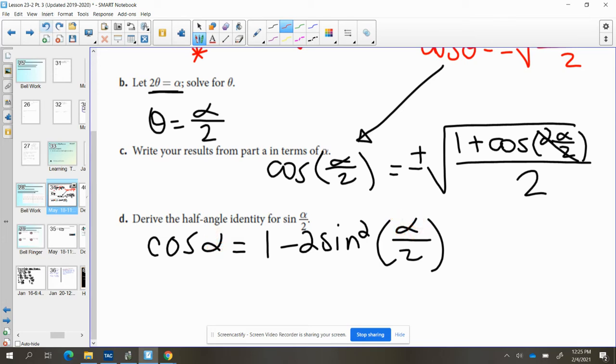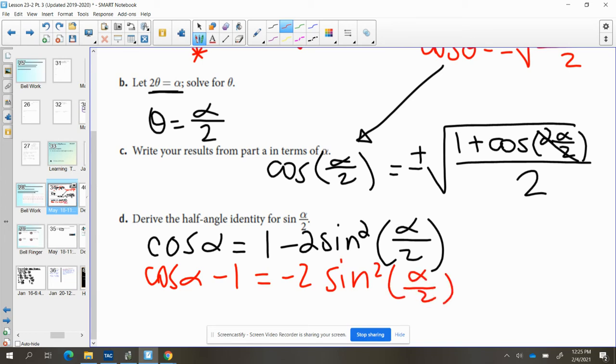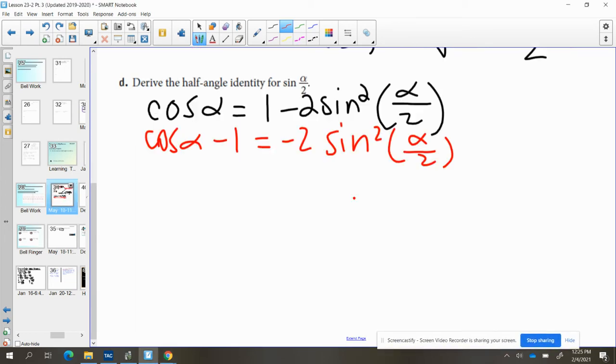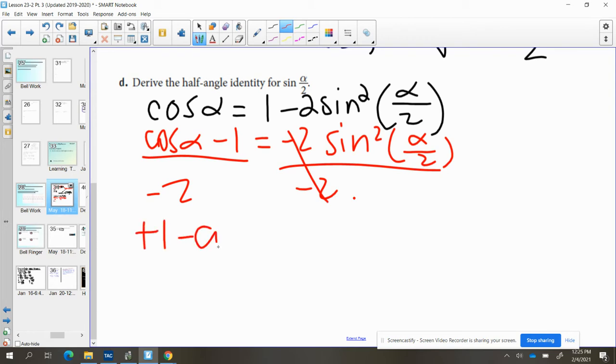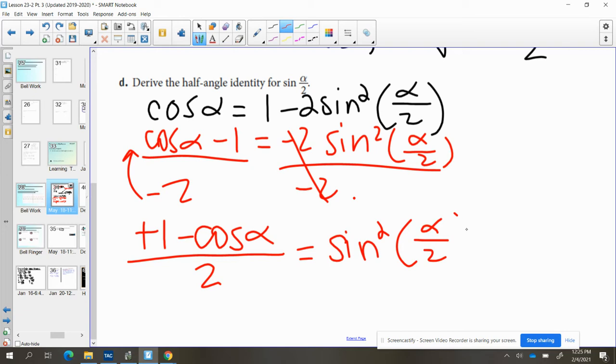Again, if we rearrange this so that the sine of alpha divided by 2 is by itself, we have to subtract the 1 and then divide by negative 2. When we divide by negative 2, it cancels, and we can reorder this so that we end up with positive 1 minus cosine alpha, all divided by 2, giving us sine squared of alpha divided by 2.